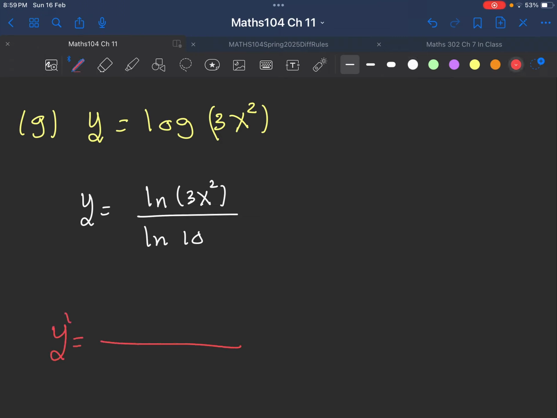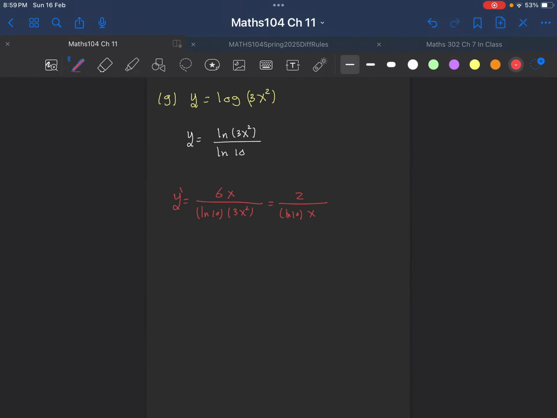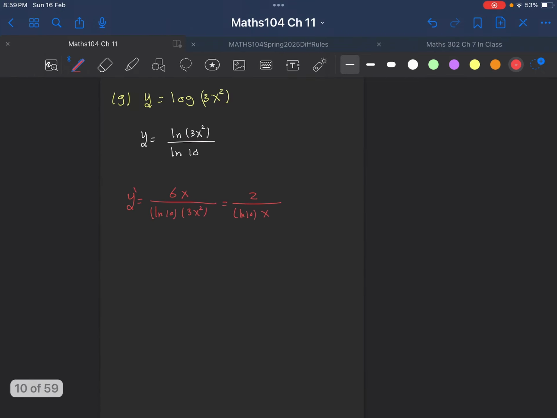So the first step, I will keep ln 10, and then you need to do u dash over u. So what is u? u is 3x squared and u dash is just 6x. So all in all, this will be just 2 over x ln 10. That's the derivative of the log.